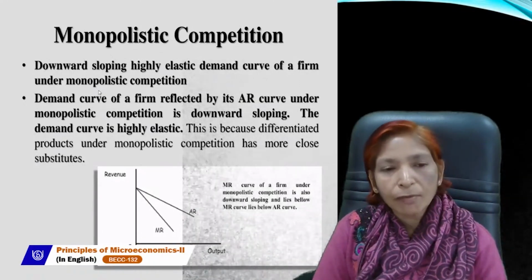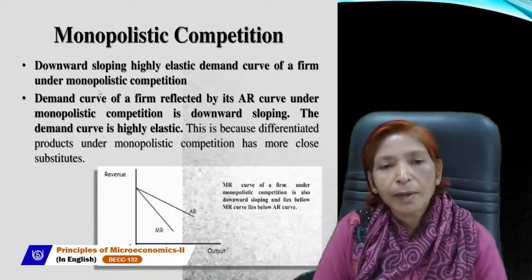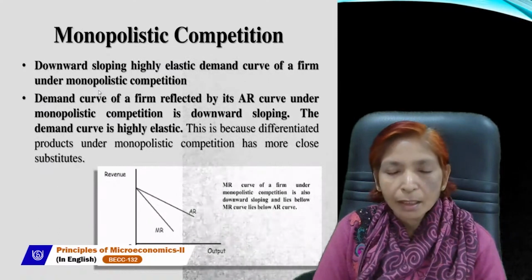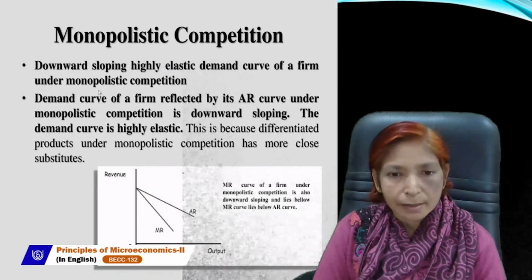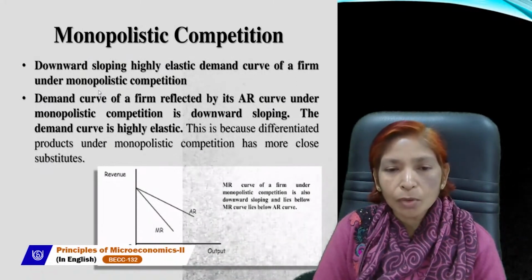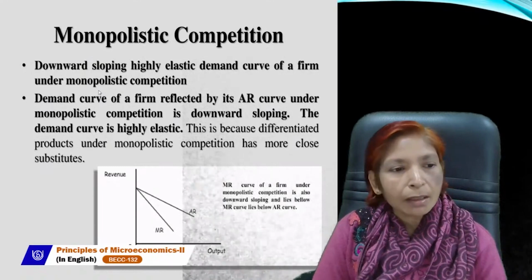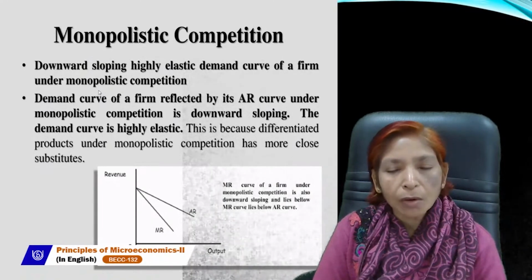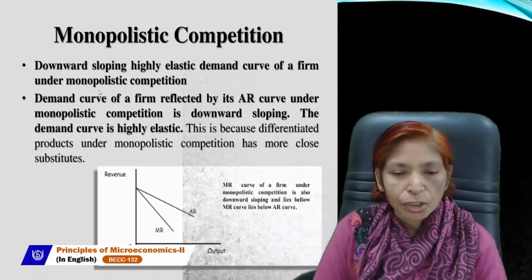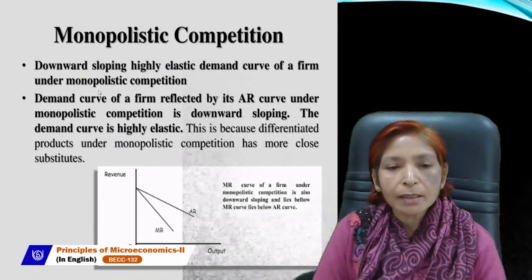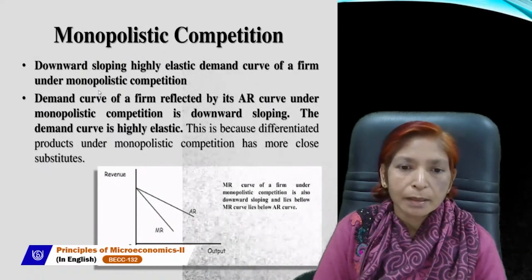And the demand curve of a firm is reflected by its AR curve. What is AR? AR is average revenue, which is equivalent to price, and can be calculated by dividing total revenue by output. So the AR curve under a monopolistic competition market is always downward sloping, which shows an inverse relationship between price and quantity demanded.